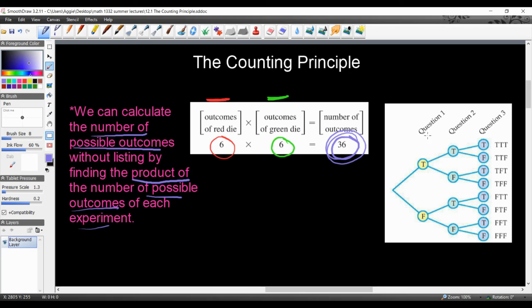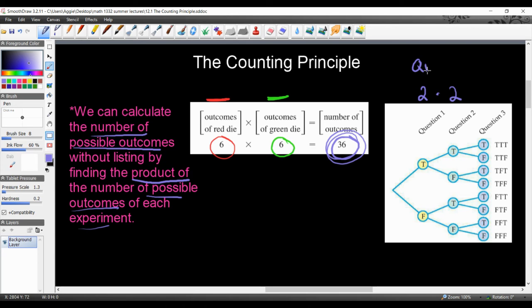If we look at the question about the test, now we just wanted the first three questions. We know that for question one, there are two possibilities. It's either true or false. For question two, there are four possibilities here, but each of those only has two also.